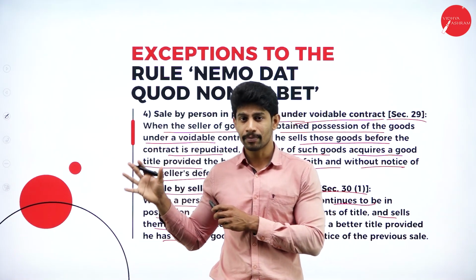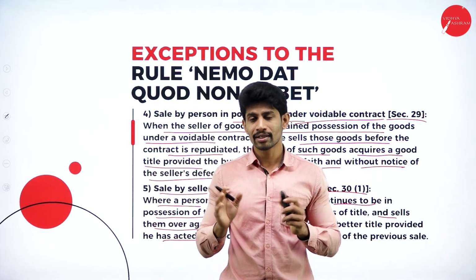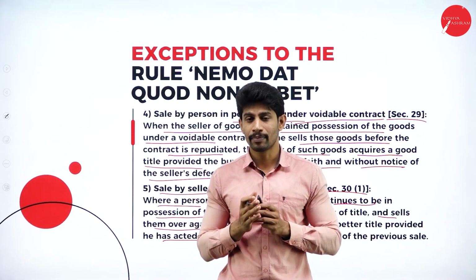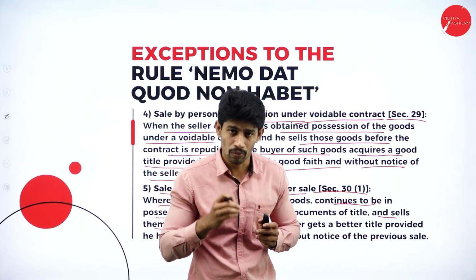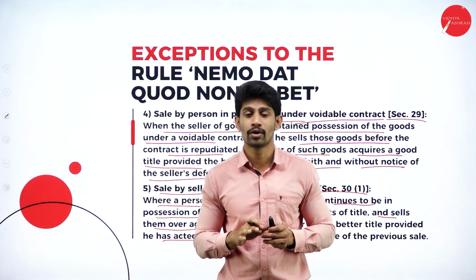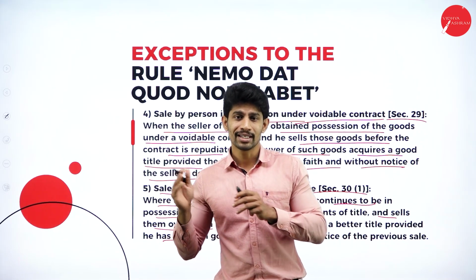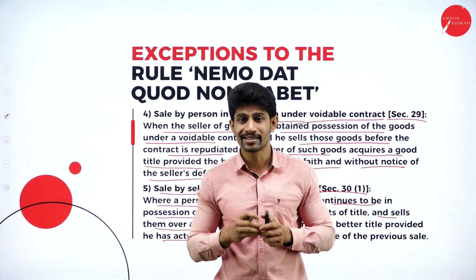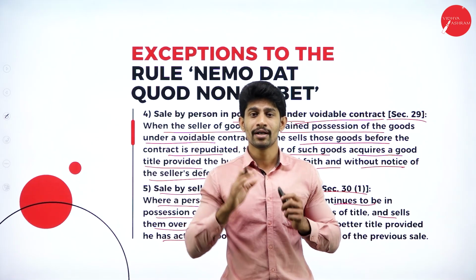So whatever happened in the previous sale, due to something, that sale was cancelled between the parties, but the goods are still in the possession of the actual owner of the property, so you can easily purchase it. You need not hesitate to purchase those goods or property.